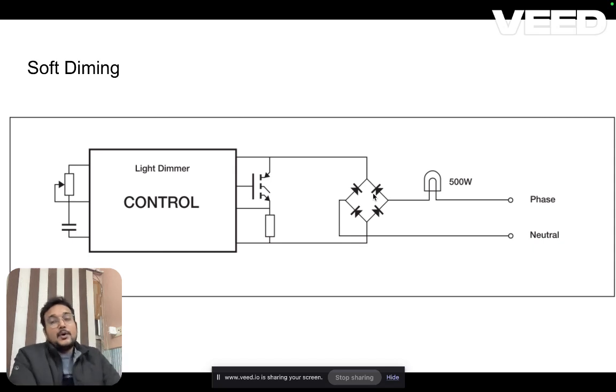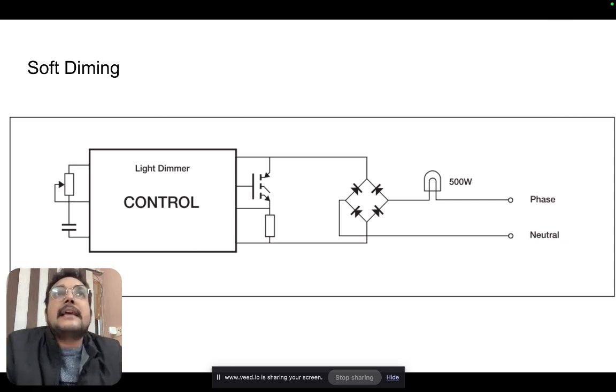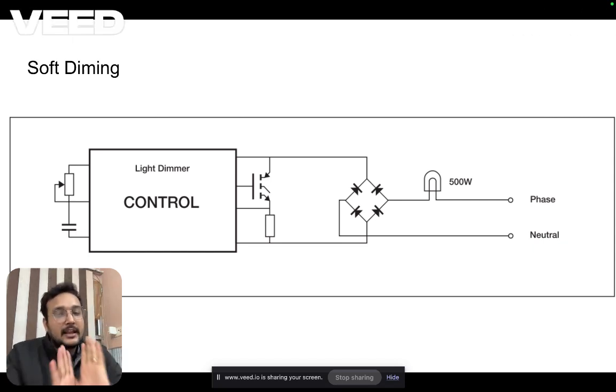Another is soft dimming. This is very interesting. This is the reason why I made this entire dimmer series. What is happening is, your load is connected in series with the source, and there is a switch. The switch has its own control mechanism. So we are controlling the voltage.